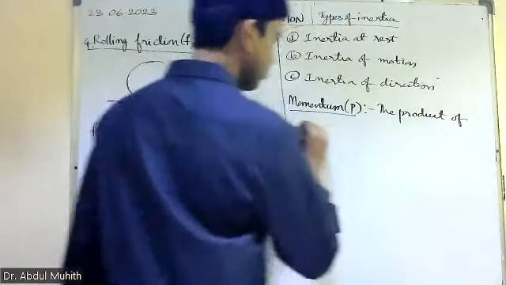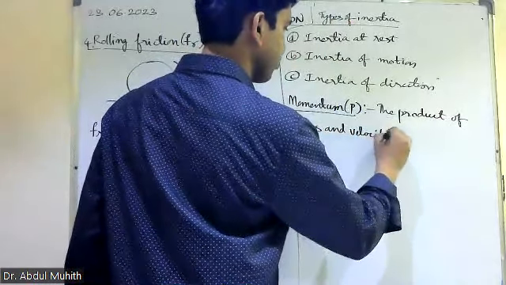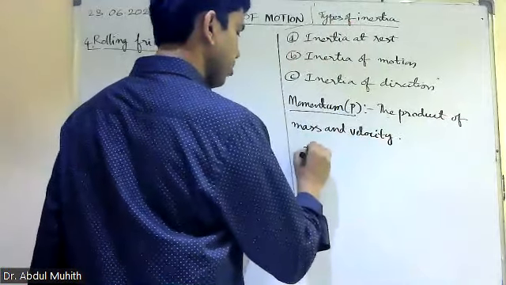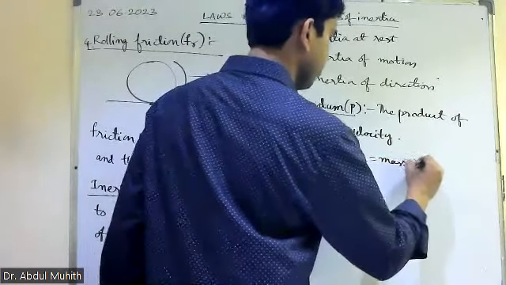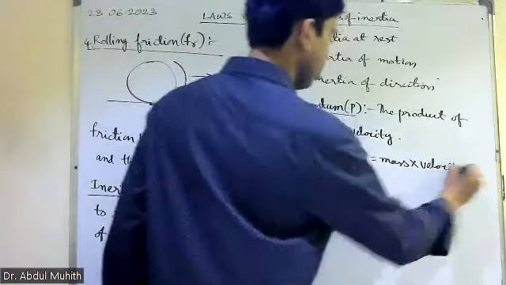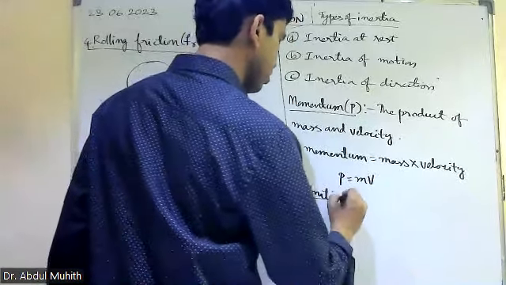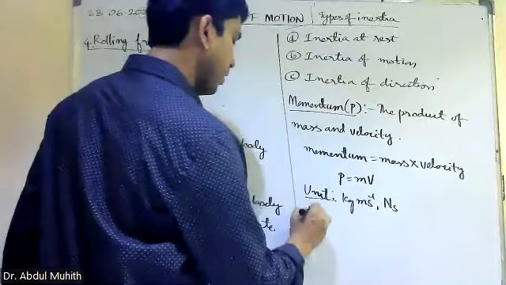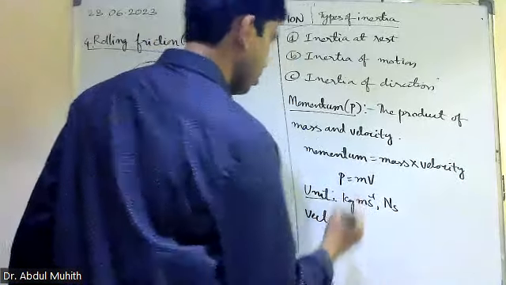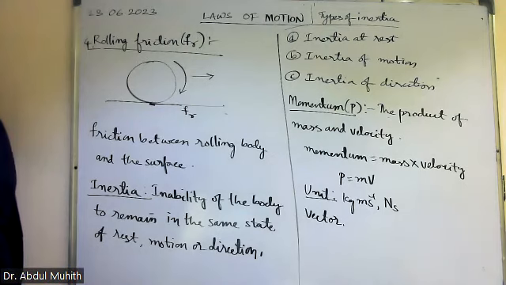So we write momentum equals mass into velocity, P equals mv. The unit of momentum is kg meter per second, or newton second, and it is a vector quantity. Clear? The product of mass and velocity is said to be momentum.